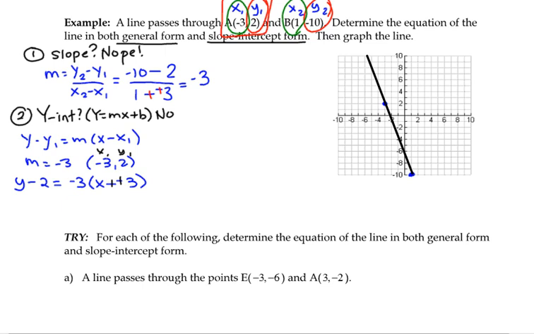I used one of our points, so I chose this point, -3 and 2. So this was x1, y1. So that's the slope point formula, when we know a slope and a point. Now we can use it to make the equation. And we can't use mx plus b because we don't know the y-intercept, so we have to use this one. It's always one or the other.